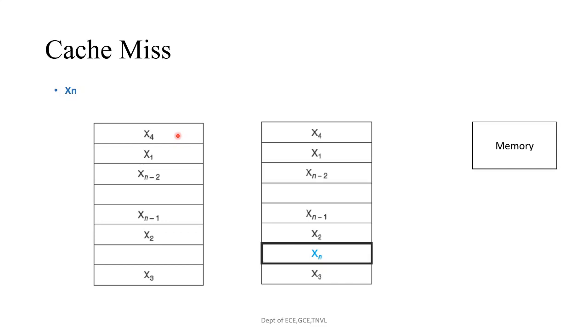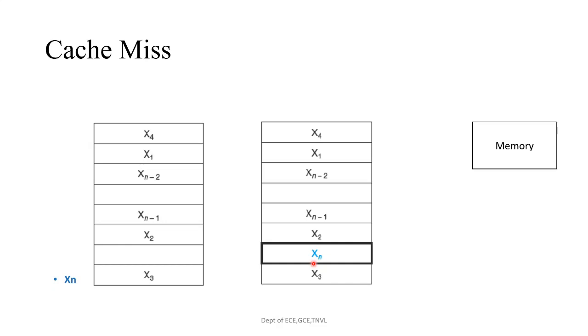So this is how we handle a cache miss. This is the cache. The processor is requesting a word, xn, which is not initially in the cache. So the processor searches for whether the xn word is in the cache. Before the request, the cache is without the xn word.